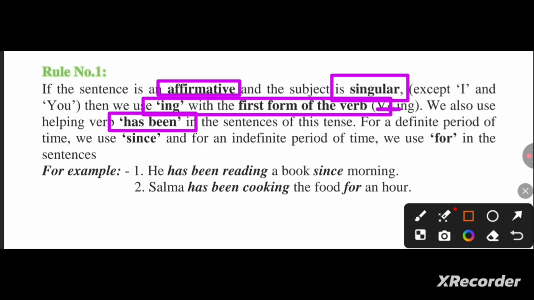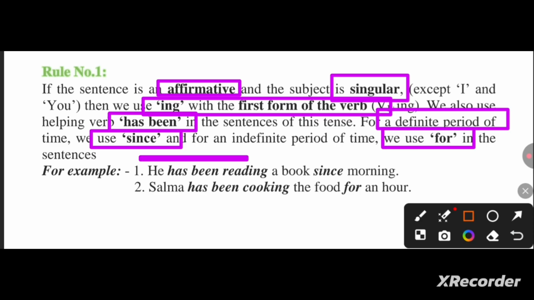If a definite period in this sentence is given, then we use since. And if the period is an indefinite, then we use the word for. It is clear in this sentence.